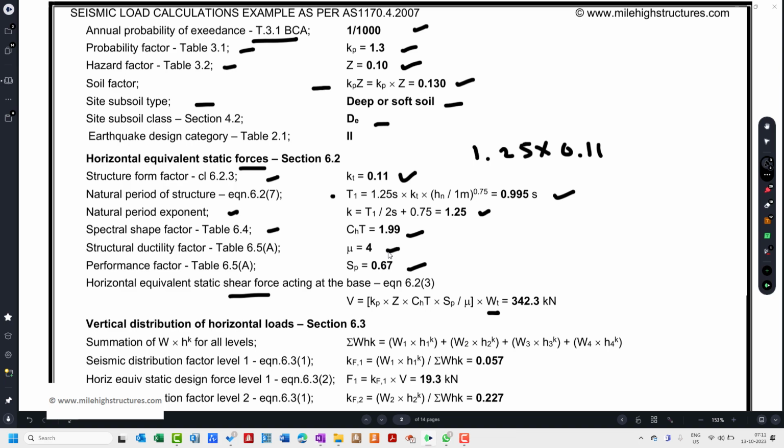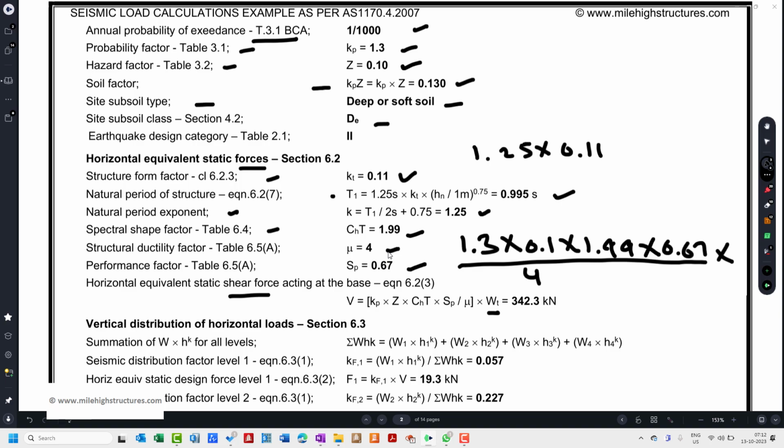So if we want to repeat here, Kp we have calculated as 1.3 multiplied with Z, that is 0.1, multiplied with CST, that is 1.99, multiplied with SP. So SP has been considered as 0.67 divided with mu. So that is 4 and multiplied with the total seismic weight.